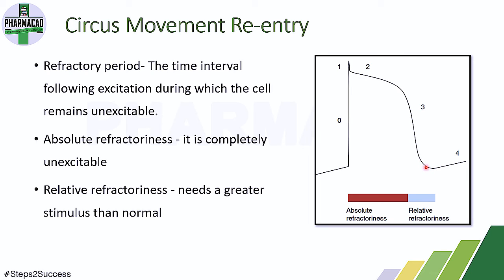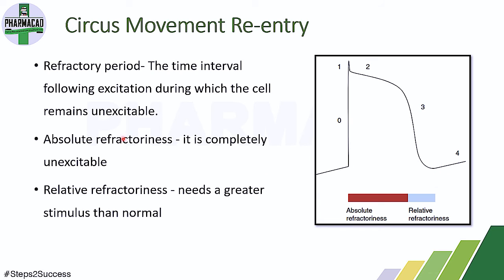So in this stage also next action potential cannot be generated, but if a greater stimulus is given, then here next action potential can be generated. So ideally this is refractory period, but if a bigger stimulus is given, then next action potential can be generated here also. So this is relative refractory period.